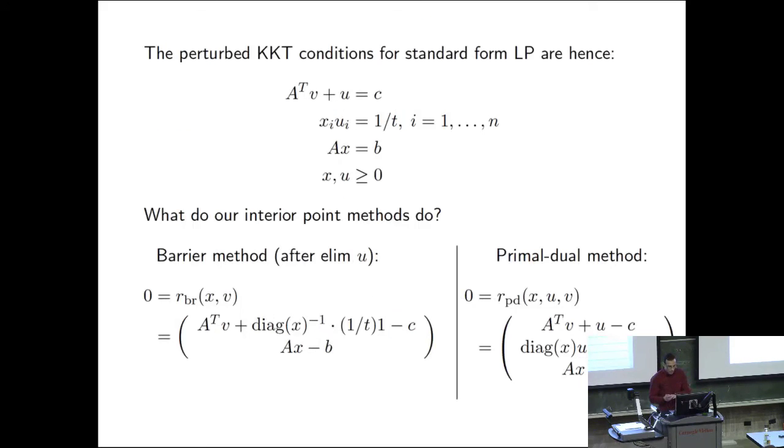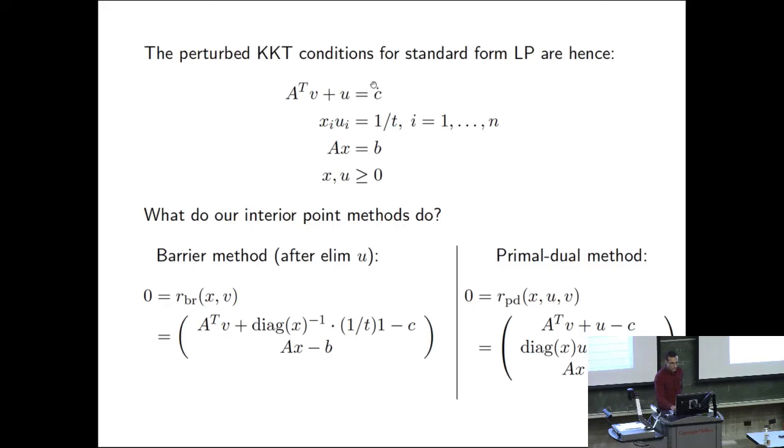So let's now look at the perturbed KKT conditions. For us, hi of x was actually minus xi. So perturbed complementary slackness was xi ui equals 1 over t. And what do our two different interior point methods that we learned do?